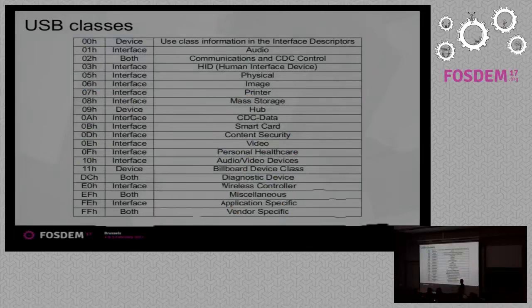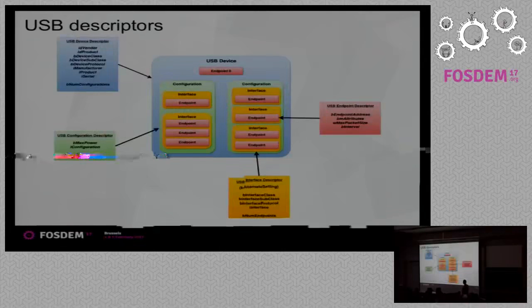Here is the list of available device classes. You have the audio class, the communication class, human interface, and of course, vendor specific. If you see vendor specific class, it means, well, okay, I don't know anything. Class information may be used to choose a driver, as the vendor information.